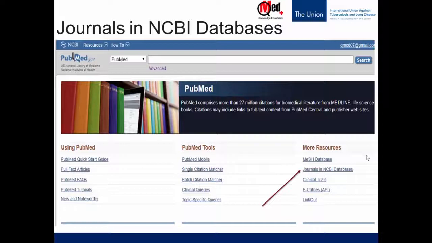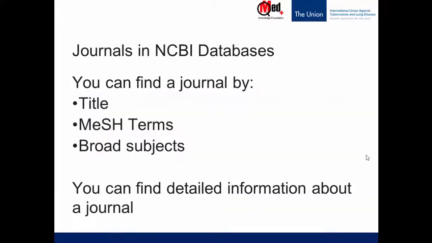The link to it is on the PubMed homepage, just below the MeSH database: Journals in NCBI Databases. When you click there, you are into the journals link. Let's learn how to find a journal by its title, by MeSH terms, and something called broad subjects.